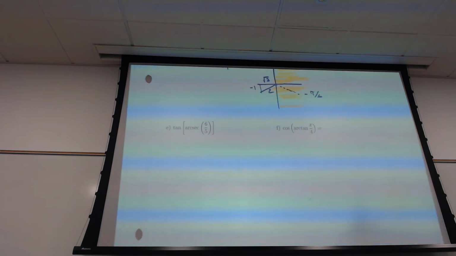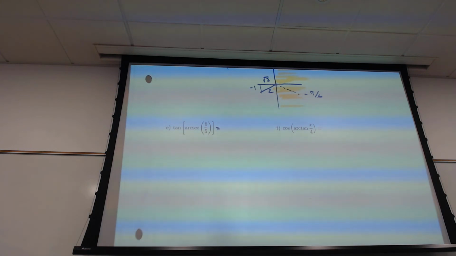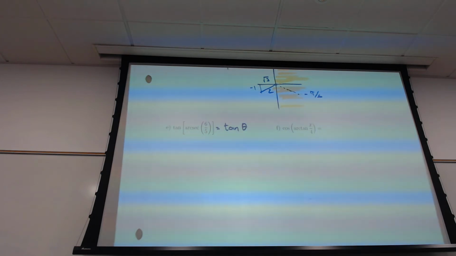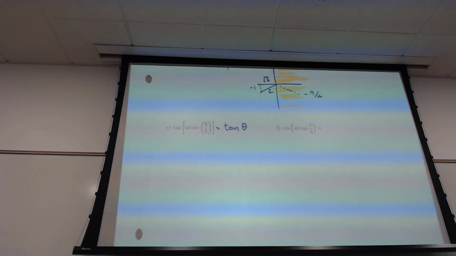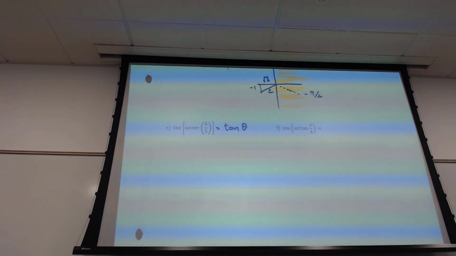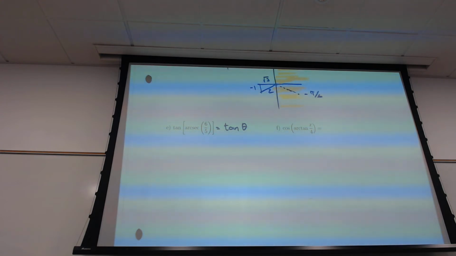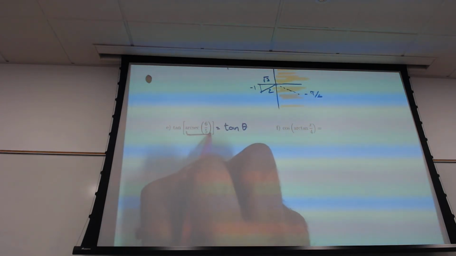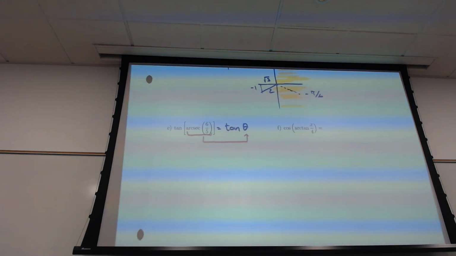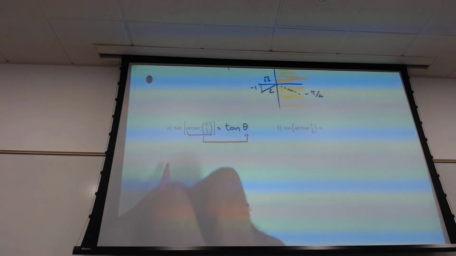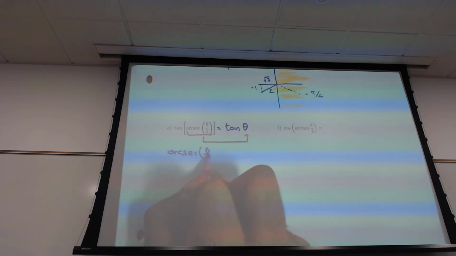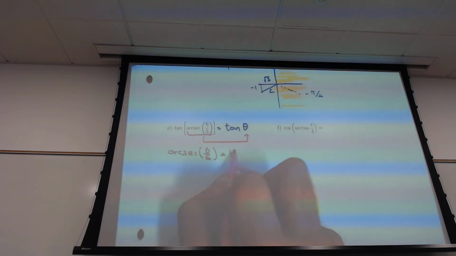Number one, I would rewrite this expression the following way. Let me write this as a tangent of theta, some angle, because we are going to set up a right triangle for that angle, but again, it's not necessary to know it. Let's relate this arcsecant to theta. I'm going to do this on the side. I'm going to set arcsecant of 6/5 equals some angle theta.